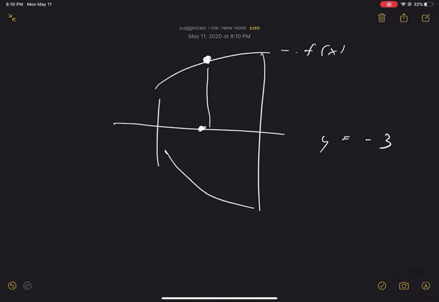So it would be this y-coordinate minus this y-coordinate. This y-coordinate here is given by the function f of x, and then I subtract away -3, which becomes f of x plus 3.